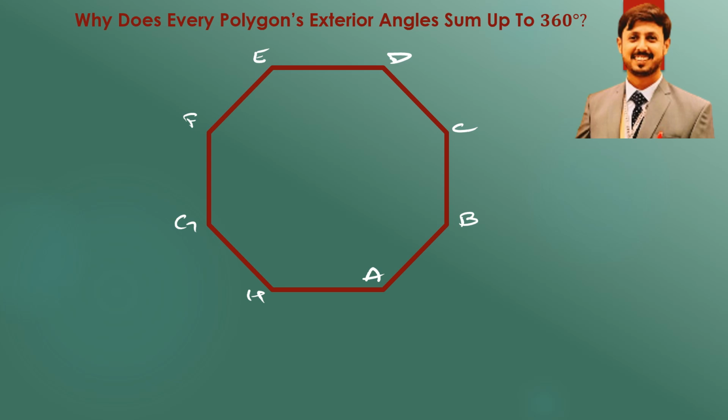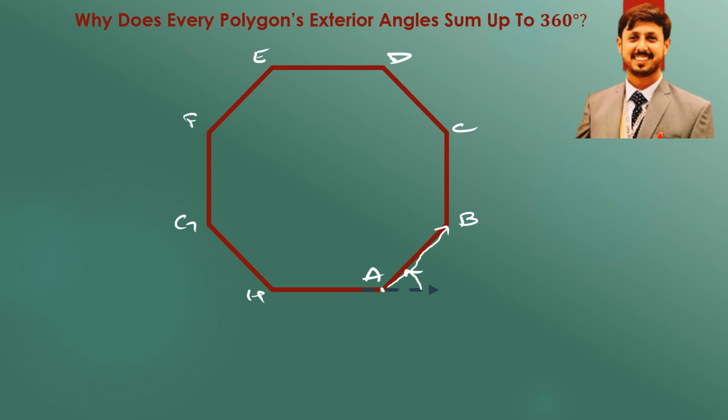Let's say you are at point A and you need to move along this complete polygon, and you have to show that when we sum up all the exterior angles, the sum is going to be 360 degrees. First, you are moving from point A to B. To move along this polygon, you need to turn yourself up to this exterior angle.